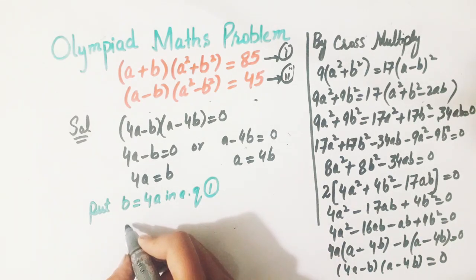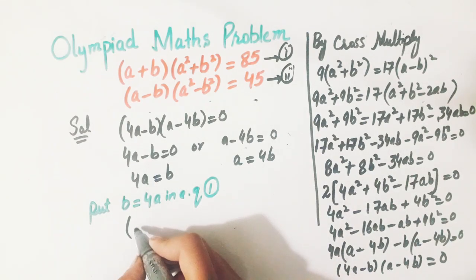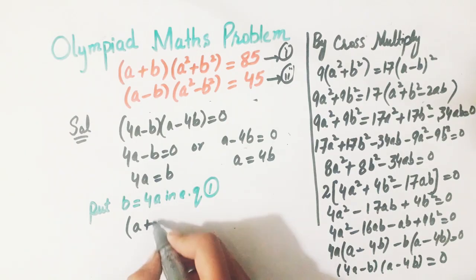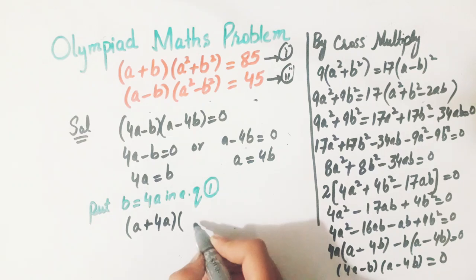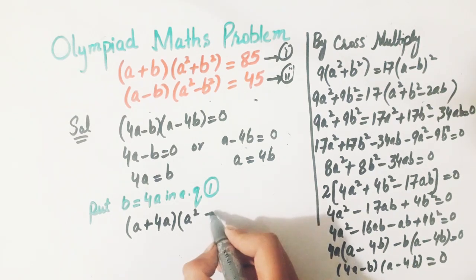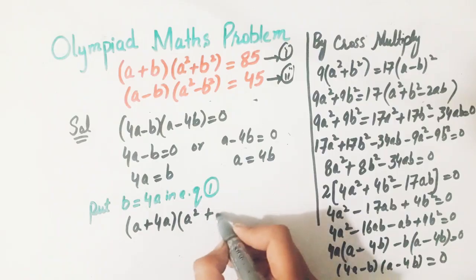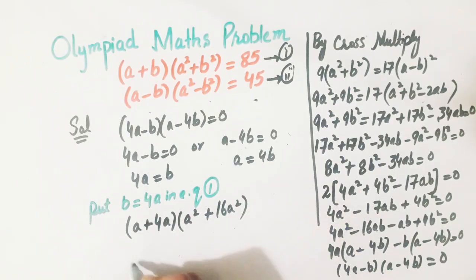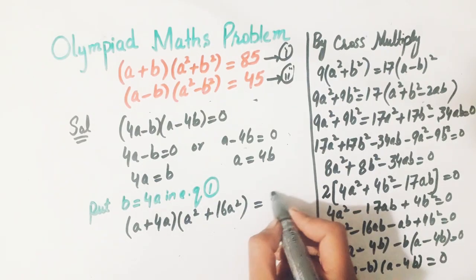So a plus 4a, and a square plus b square means a square plus 16a square, that equals 85.